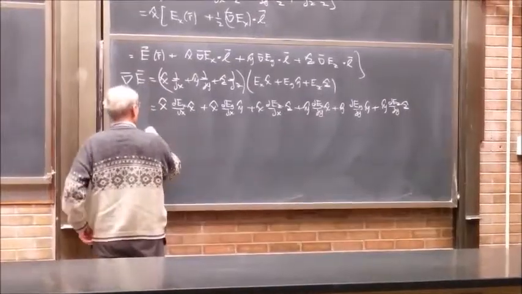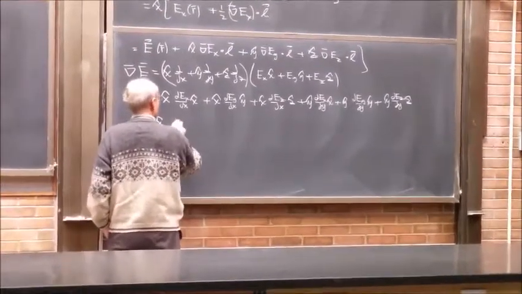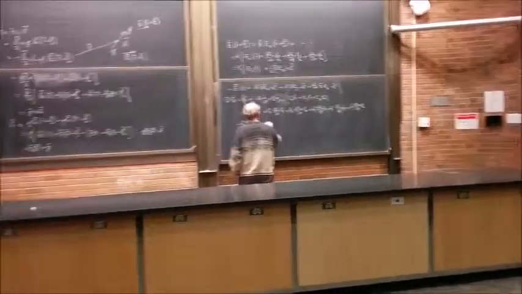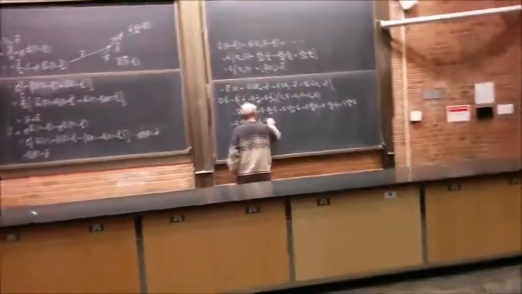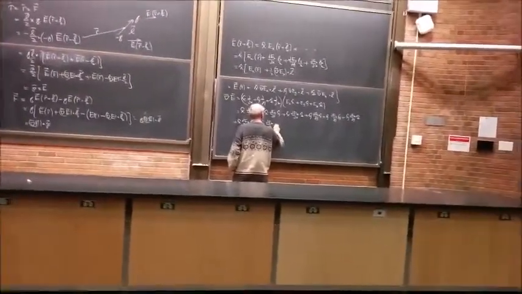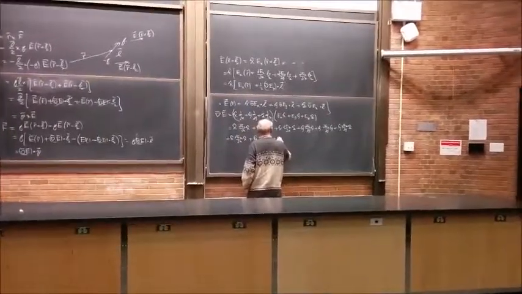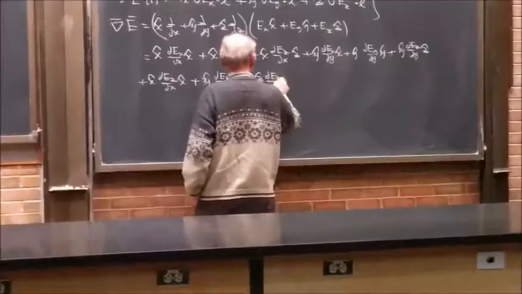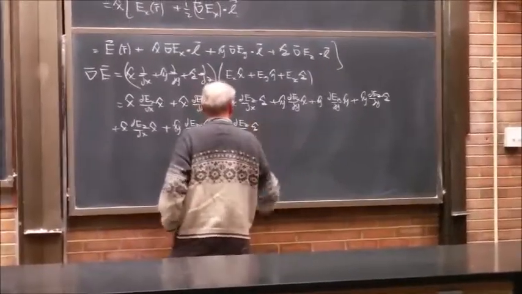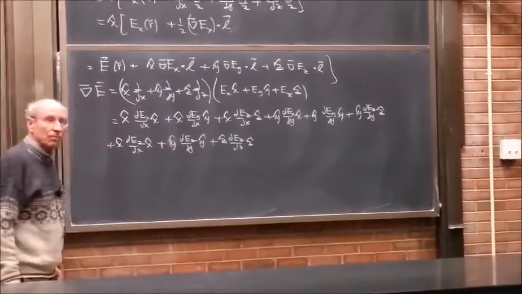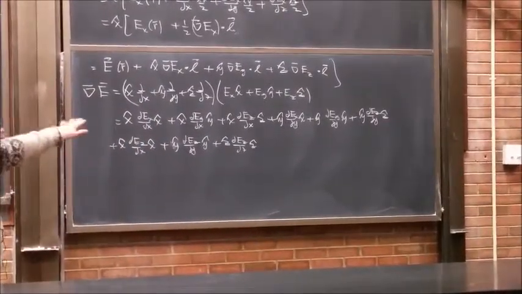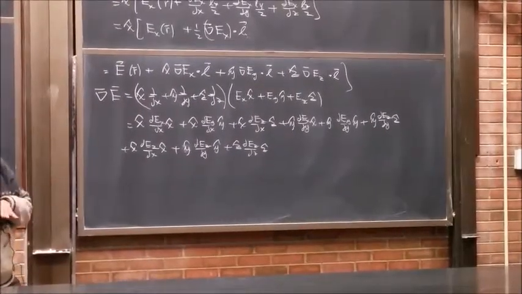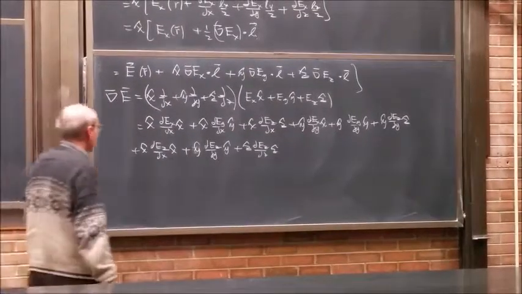And then finally, you had x hat dEx/dz, plus y hat dEy/dz, plus z hat dEz/dz z hat. Just writing out each of those terms. That was okay with everybody? Okay.